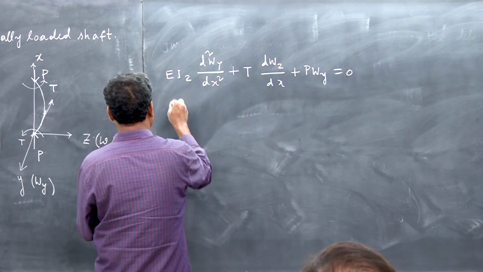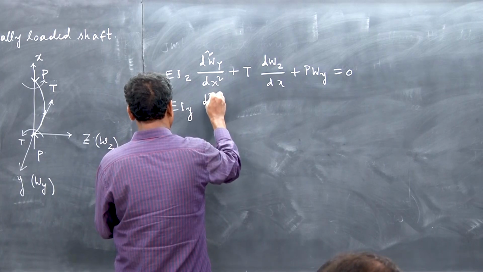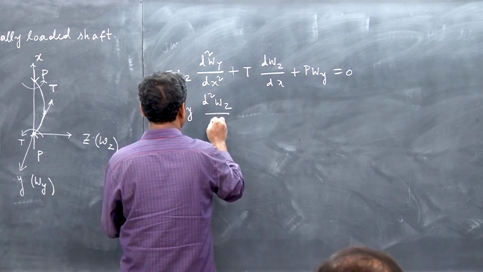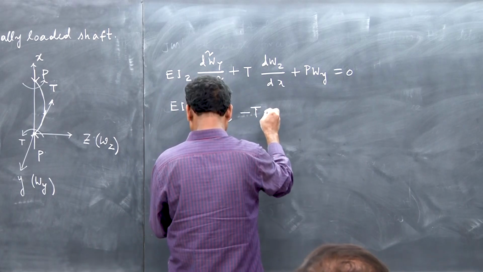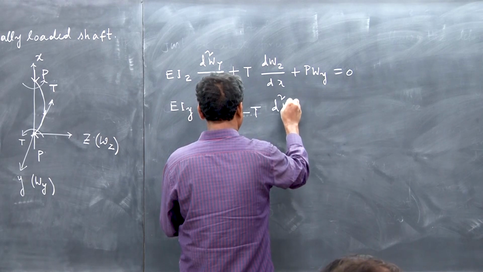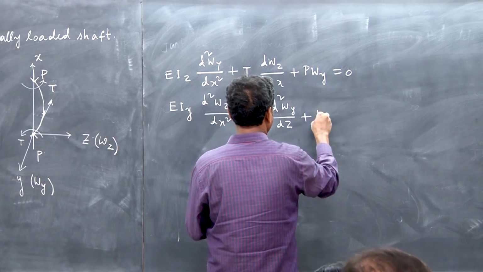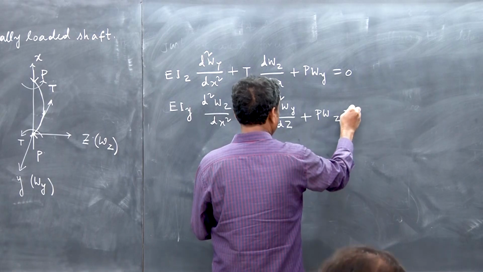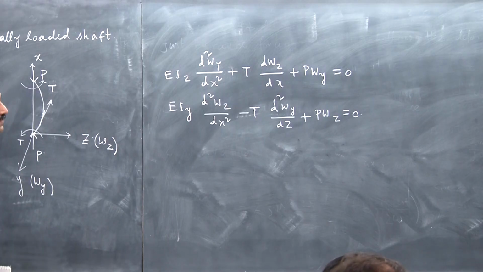In the other case, it is EIy d2Wz/dx2 minus T dWy/dx plus PWz is equal to 0. This kind of system of equations you will get.